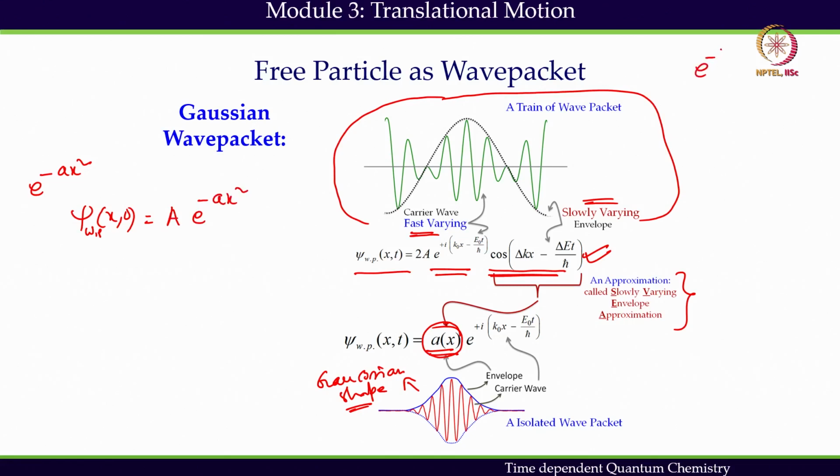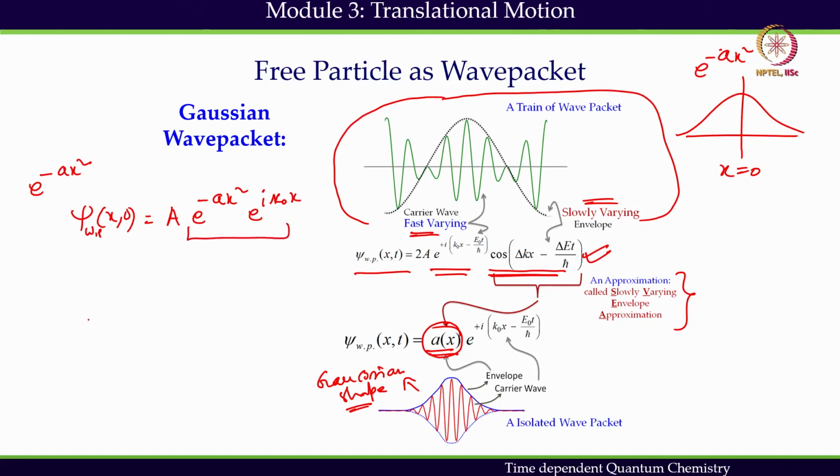E to the power minus a x square is the Gaussian function, which is centered at x equals 0. So, this is the Gaussian function, but this will not move. This will move only when I include the plane wave part also, e to the power i k naught x. Combining these two, this part will move.